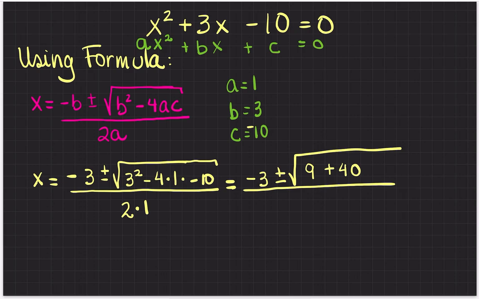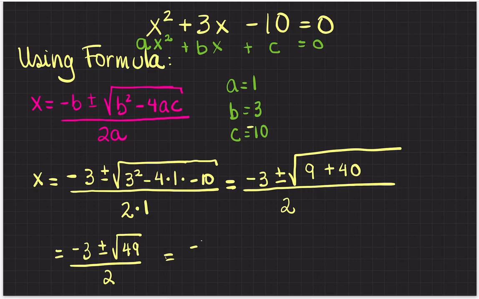And then on the denominator of the fraction, I have 2 times 1, so that is just 2. So let's keep on solving this. I have a negative 3, then plus and minus square root of 9 plus 40, that would be 49, over 2. So now we're going to solve the square root of 49.